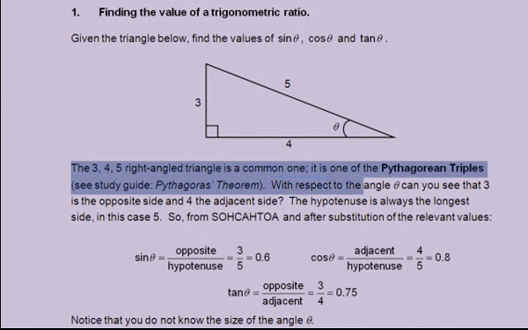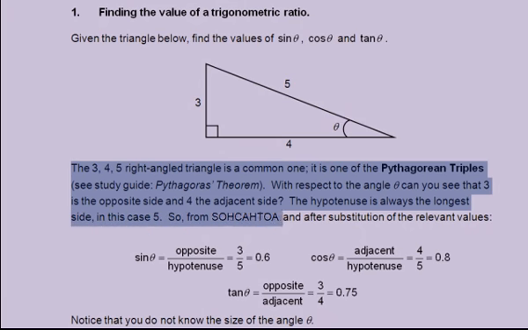With respect to the angle theta, can you see that 3 is the opposite side and 4 is the adjacent side? The hypotenuse is always the longest side, in this case 5.